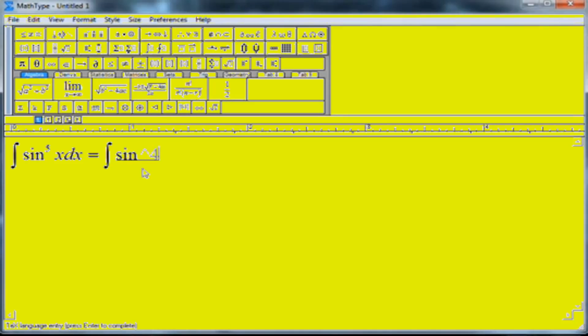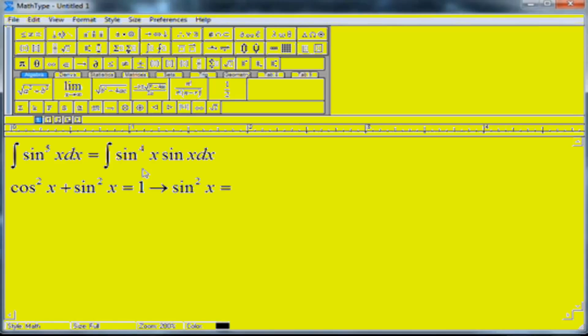So this will become sine to the fourth x times sine of x dx, because we just pull a sine out. I'm just going to write the Pythagorean identity real quick. Cosine of x plus sine of x, and these are squared, equals 1. That's what we're going to be using here. So if we solve for sine squared, it equals 1 minus cosine squared x.